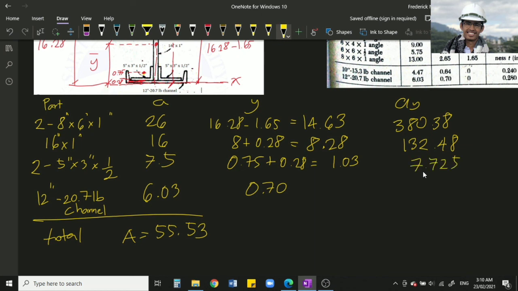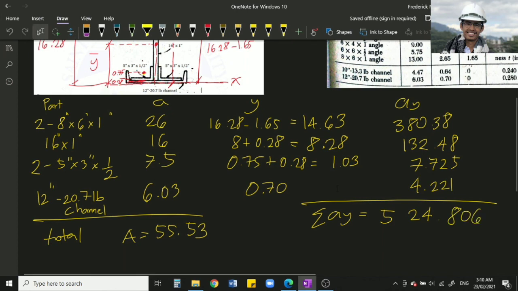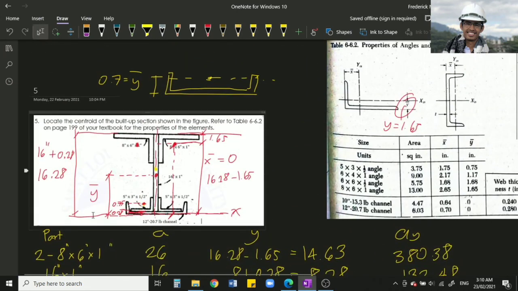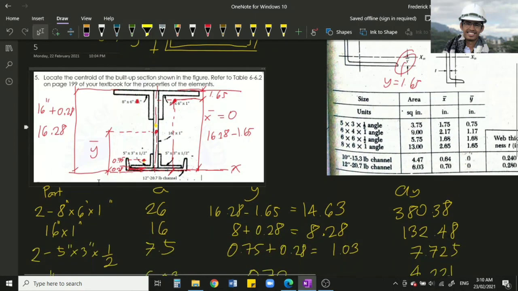And for the 12-inch C channel, so that will be 4.221. So summation AY is equal to 524.806.